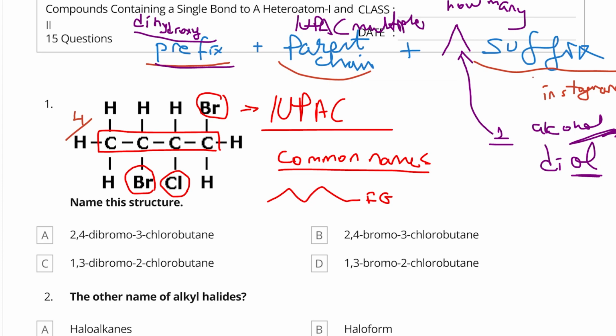The naming of organic compounds other than hydrocarbons is as a derivative of hydrocarbons. So what is the 4? Yes, for the 4, if it was an alkane, it would be butane. But it's not an alkane.